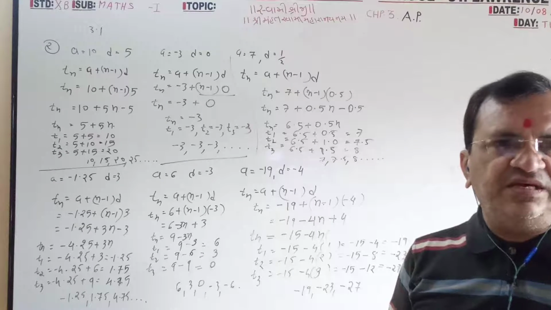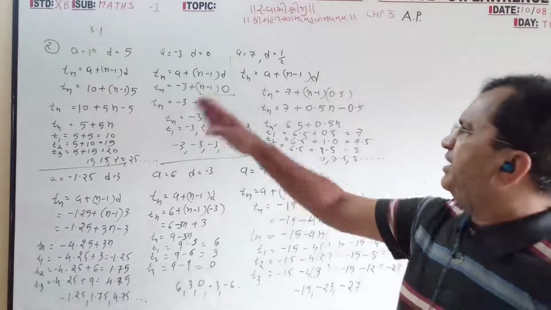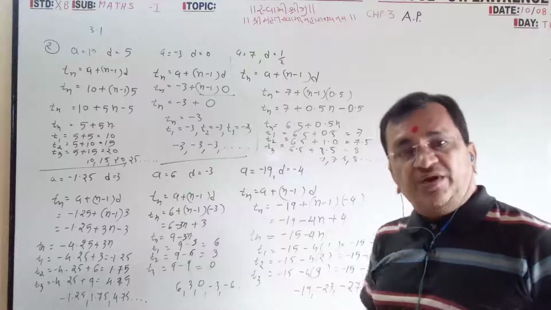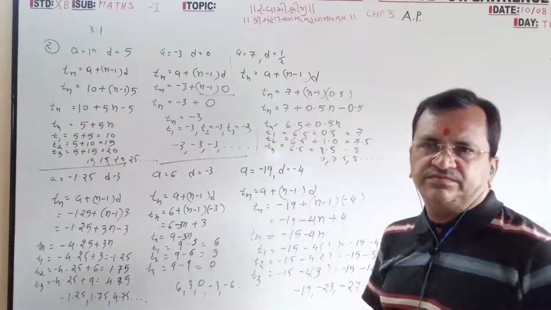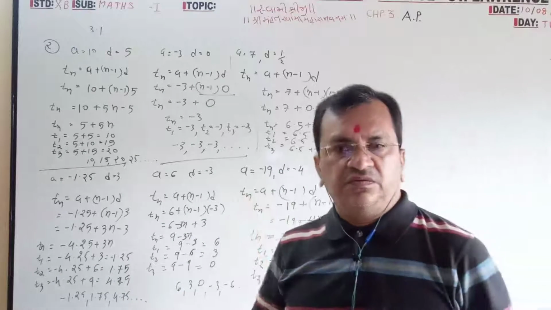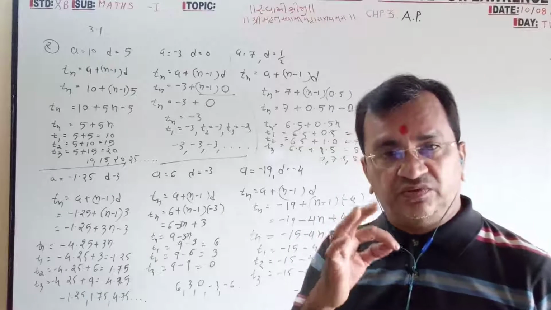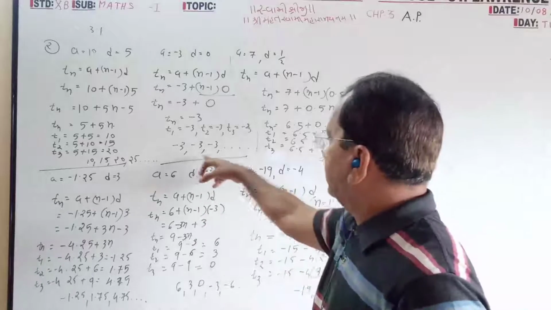Next time we learn that when A and D are given, when A is equal to 0, the series will start from 0. Two observations. When D is equal to 0, the difference is 0. When difference is 0, all the terms are equal.